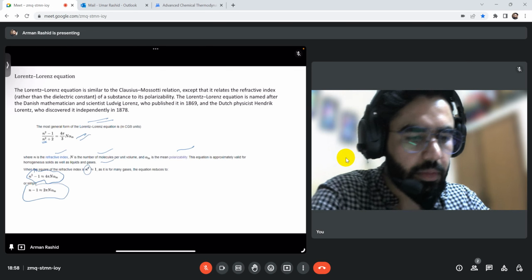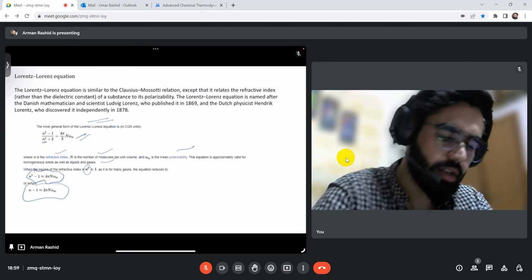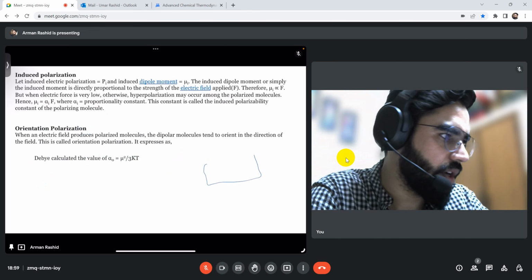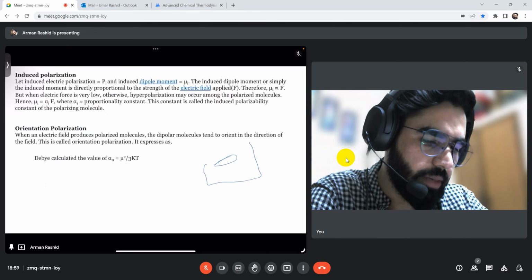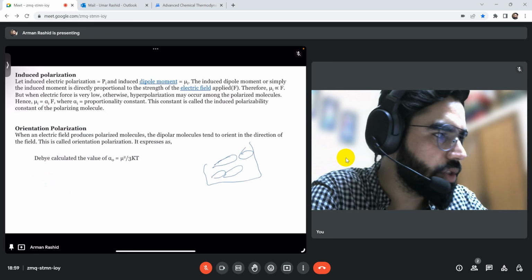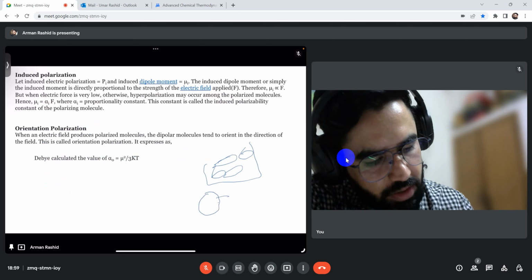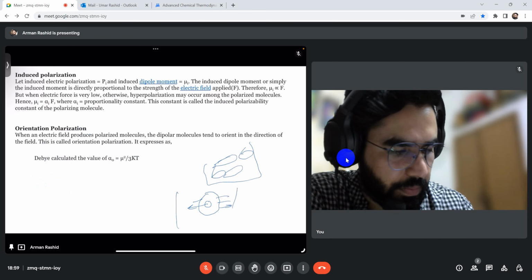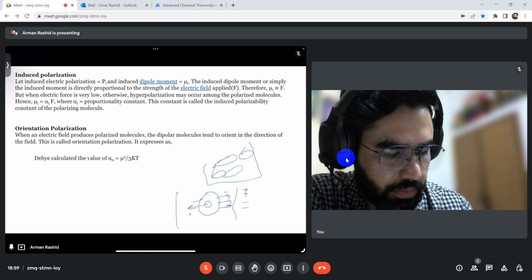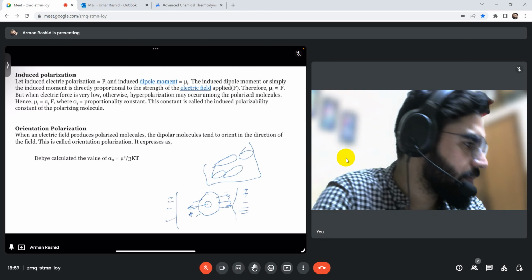Now, if we take any substance or material, there can be two types of polarization. One is induced polarization. Induced polarization occurs when the electron cloud is distorted by the applied field.